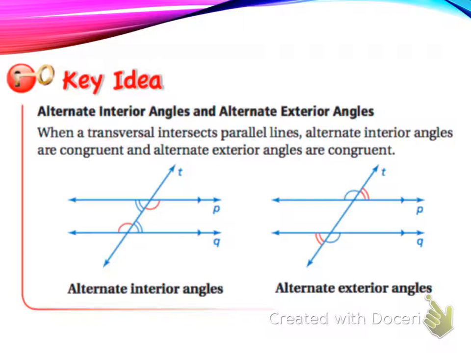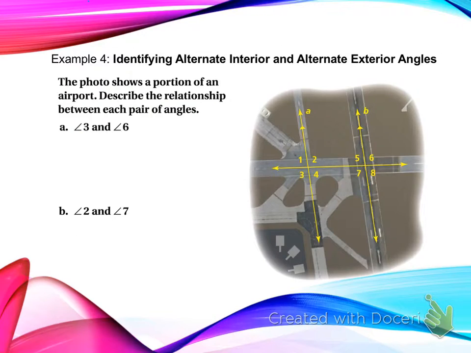So we've got the alternate interior angles being congruent and the alternate exterior angles congruent. So let's look at a real-life example here. Identifying interior, exterior, and alternate exterior angles. This photo here shows a portion of an airport. It's wanting to know what the relationships are between each pair of angles.